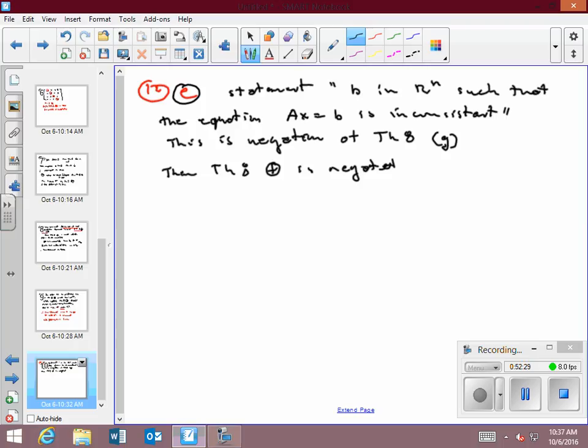So that statement says negation of 8G is true. The answer is technically vacuously true since we negated our condition. Oh, well, the ultimate statement is true.